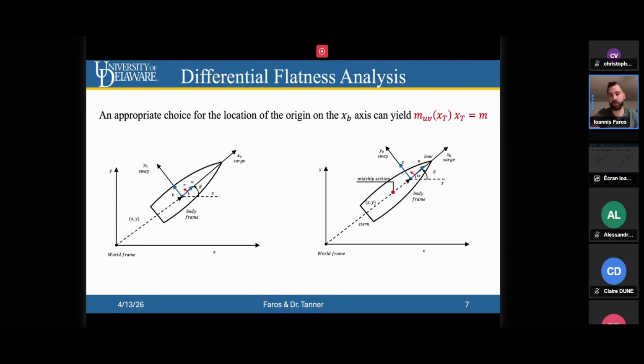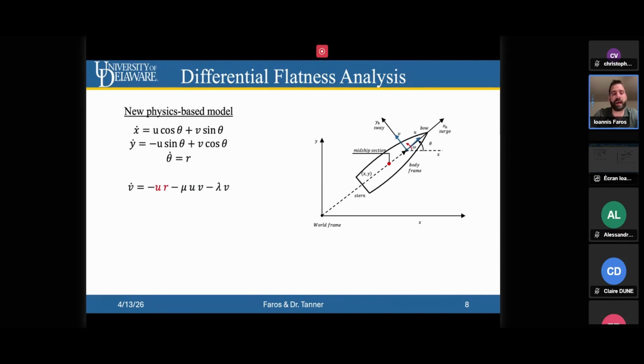So we take the origin, put it at a place along the xb axis, match the coefficient of the UR with M, and now we can have the coefficient equal to 1. So we do not force it or choose it as we do in the hovercraft; we make it so by choosing the origin of the local frame.